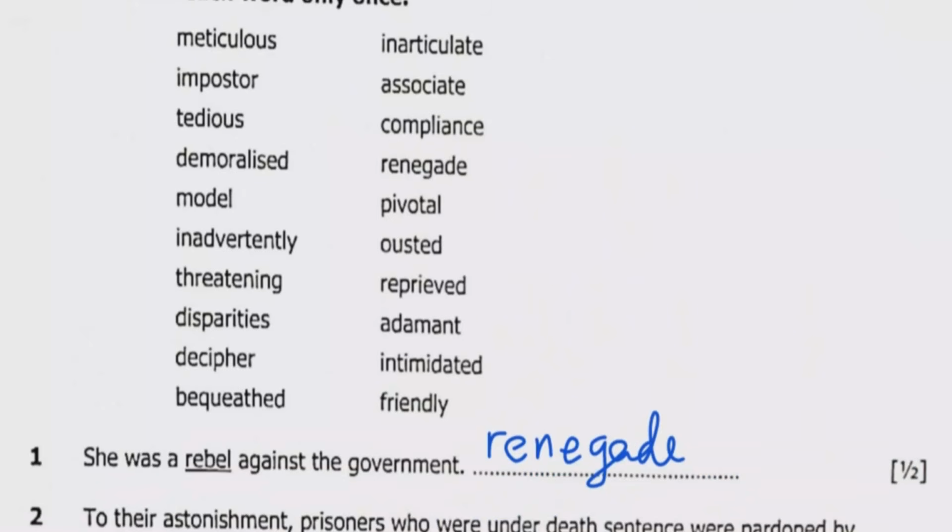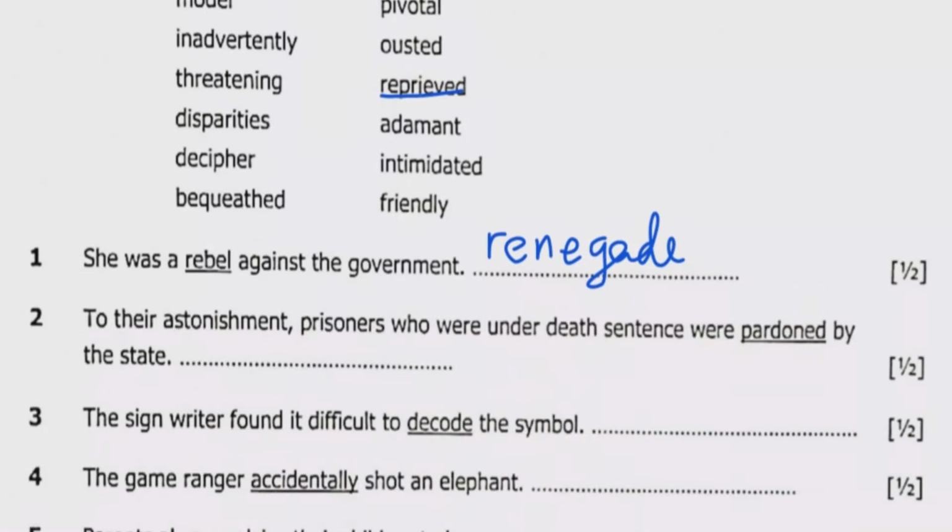Let me underline the words I'm using. It is reprieved. So I'm going to write reprieved there.